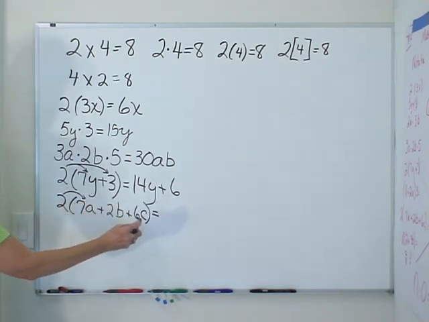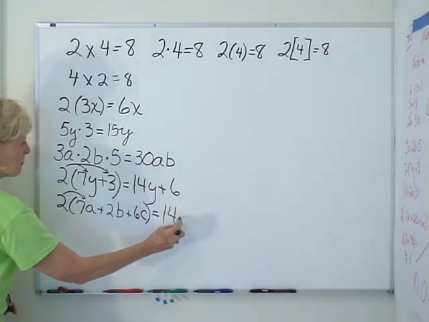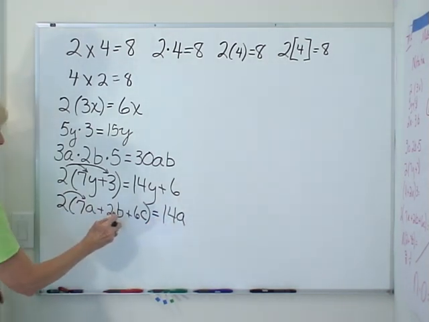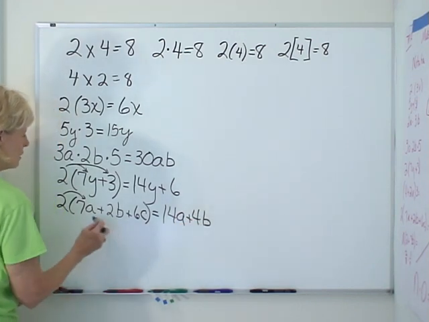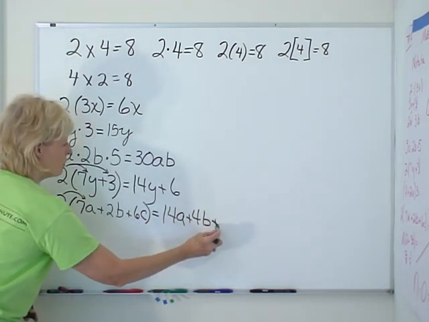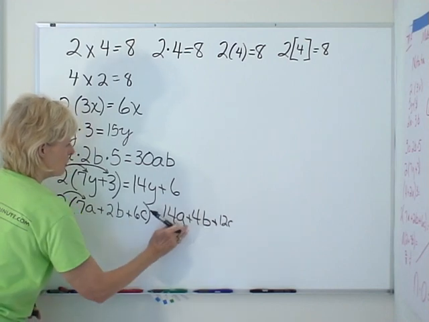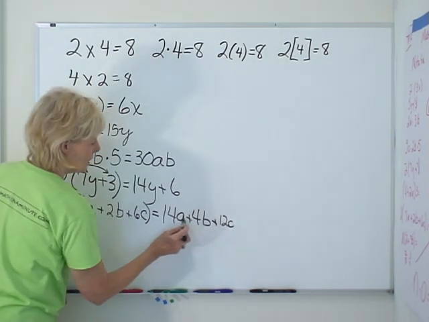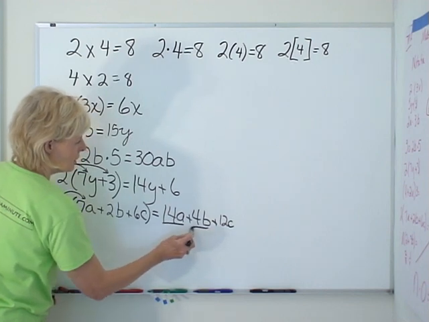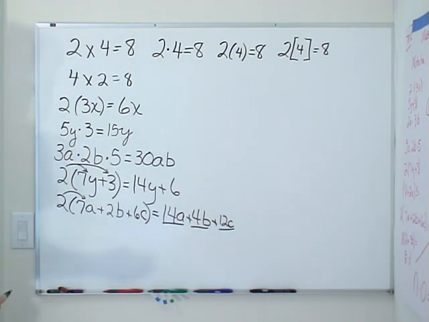So I get 14a, and then I go 2 times 2b and I get 4b, and then 2 times 6 is 12c. So I end up with my answer being 14a plus 4b plus 12c. And I have 3 different terms in my answer, so I cannot simplify that or add those together at all.